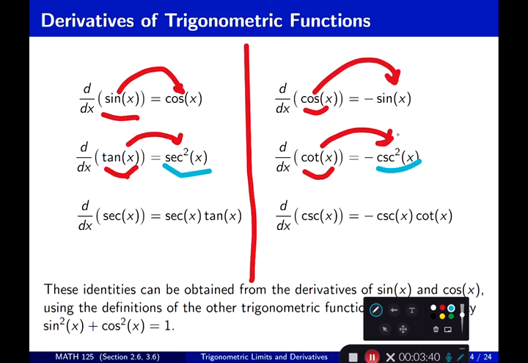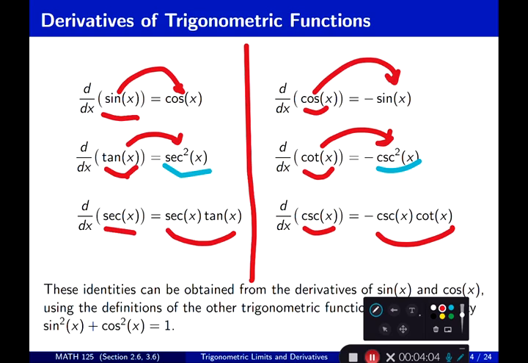How about derivative of secant of x and cosecant of x? They're co-functions again, and one is secant of x tangent of x. The other one is cosecant of x cotangent of x, with a negative sign.